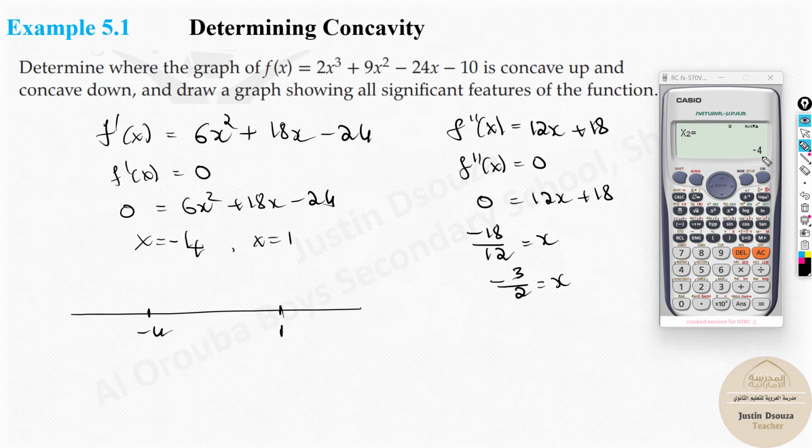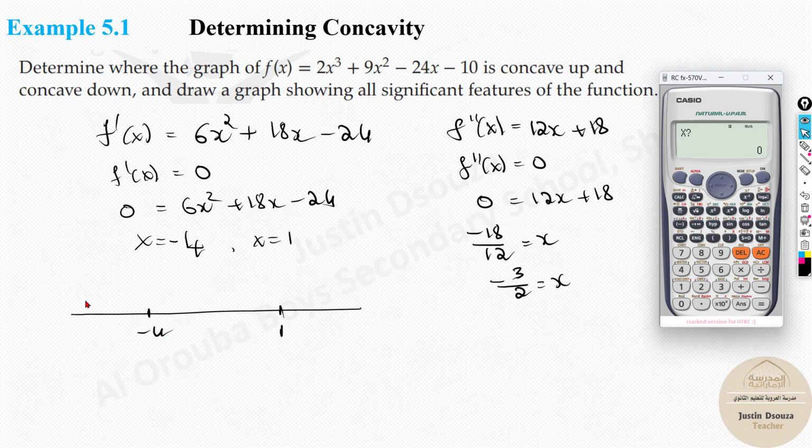So what you do now is, let's go back over here. Let's take a test value. Before taking the test value, just put the derivative over here: 6x squared plus 18x minus 24, and sorry, it's 24. And now just calculate at any test value.